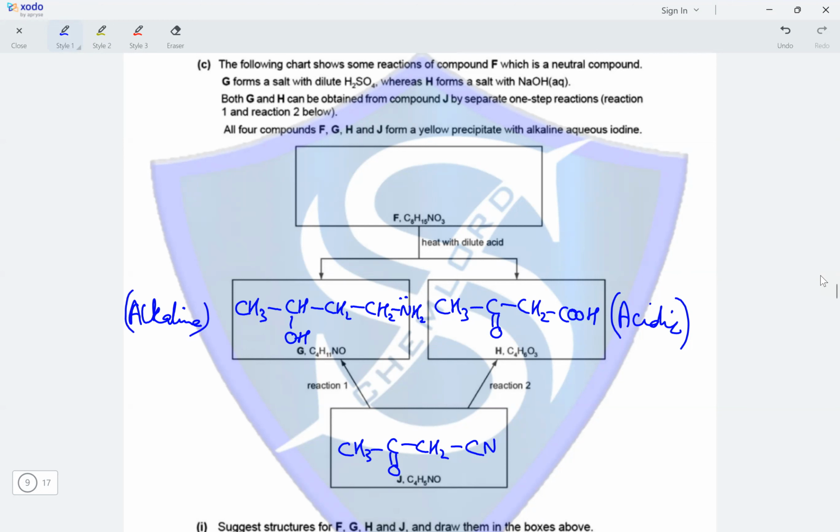So structure F is heated with dilute acid. That means it undergoes acid hydrolysis. And since our products contain a carboxyl group and an amine group, it means that a CONH amide bond must be present in this compound. So we have a C double bond O group from structure H and an NH group from structure G. And we complete the structures.